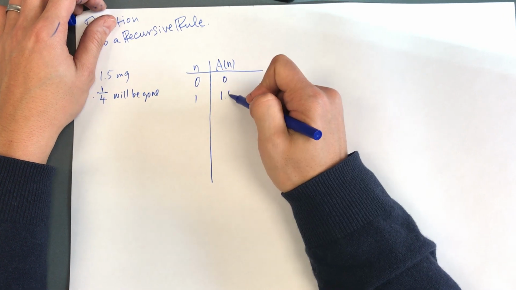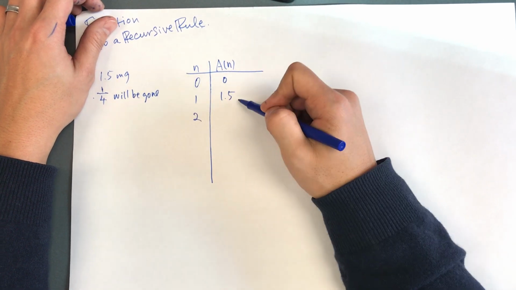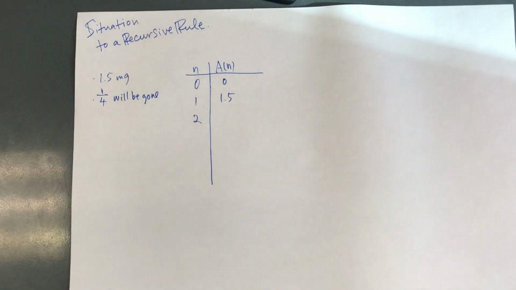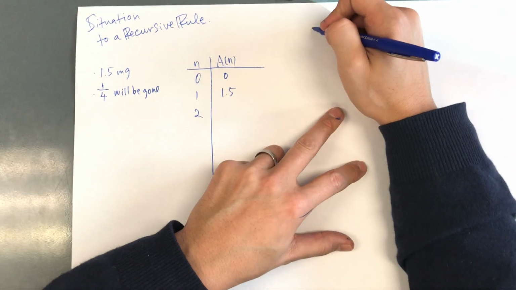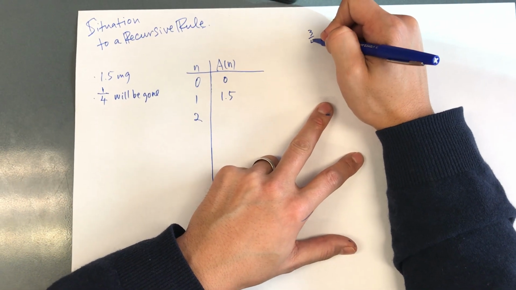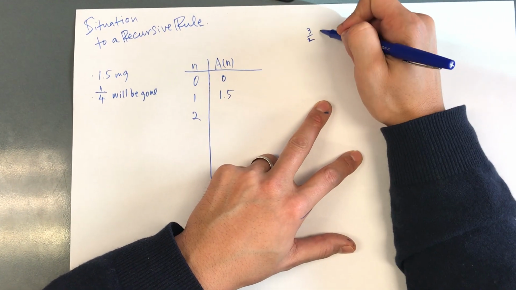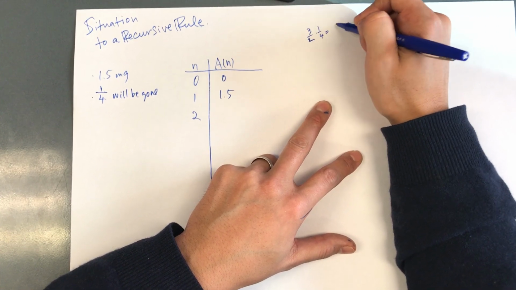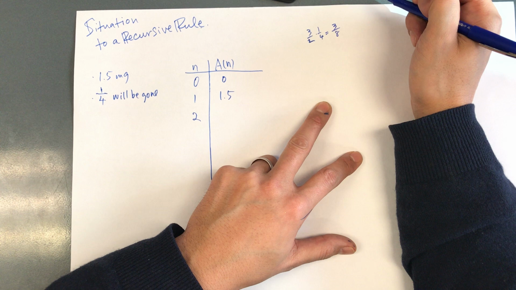First day she takes 1.5, and then the second day she's going to lose 1/4 of 1.5. So it's going to be 1.5 is like what? 3/2. What's the 1/4 of it? 1/4 of it is going to be 3/8, right?